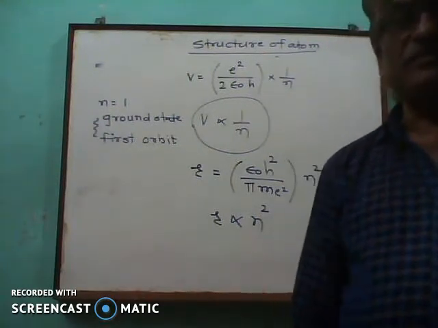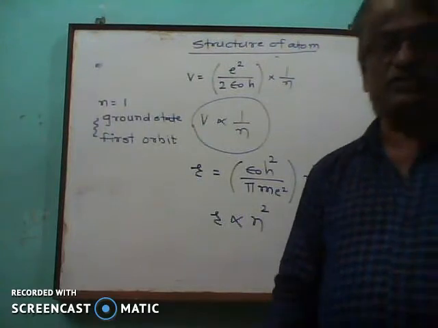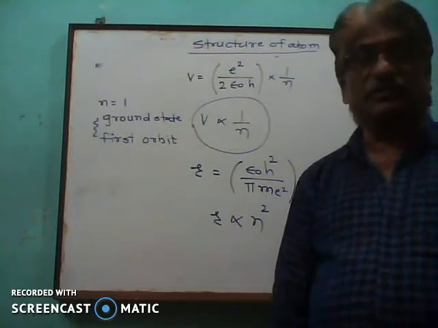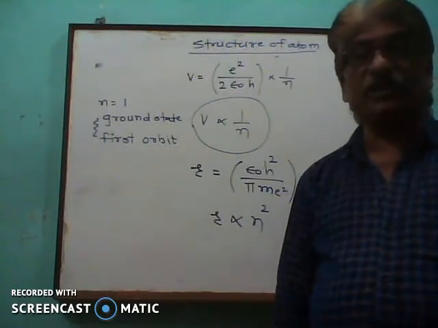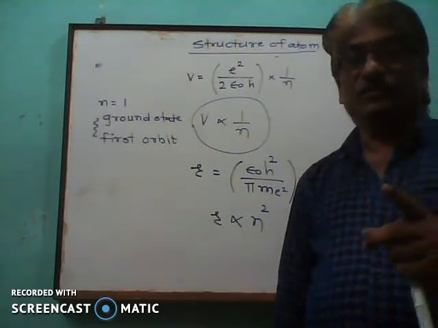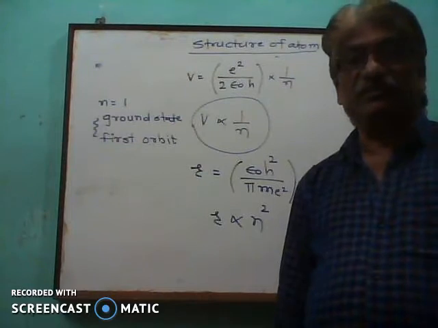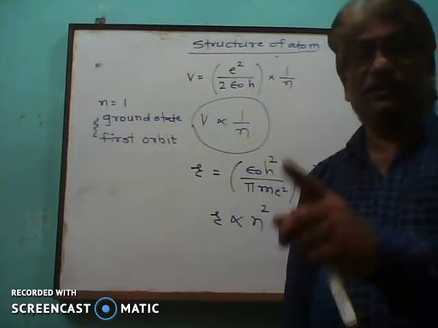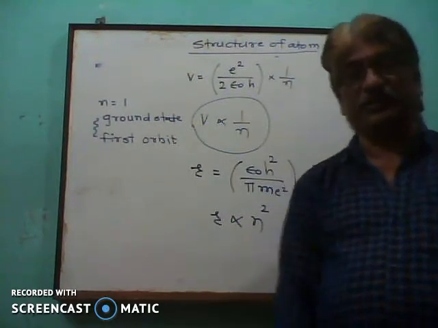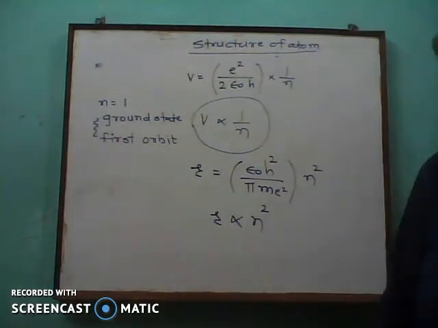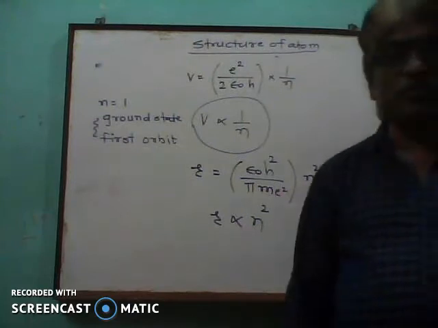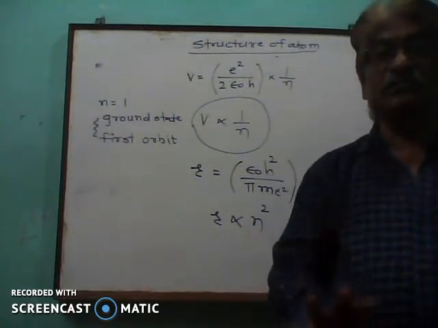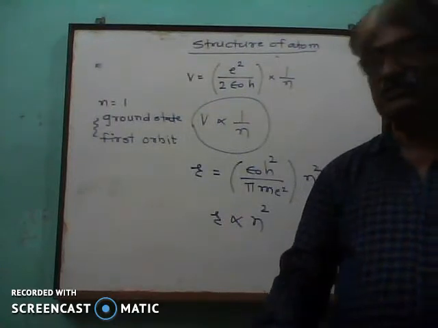Another problem is: find velocity of electron in ground state or first orbit of Bohr's theory of hydrogen atom. In both these problems, we need to know some values of constants.